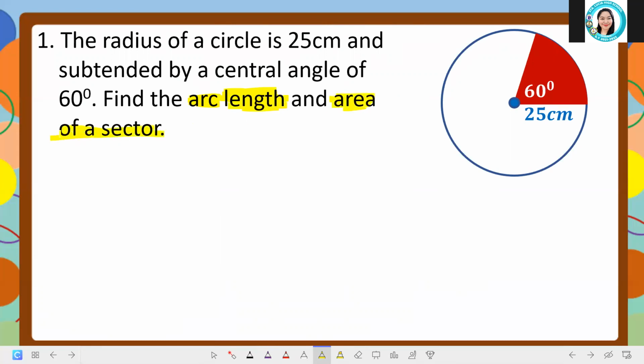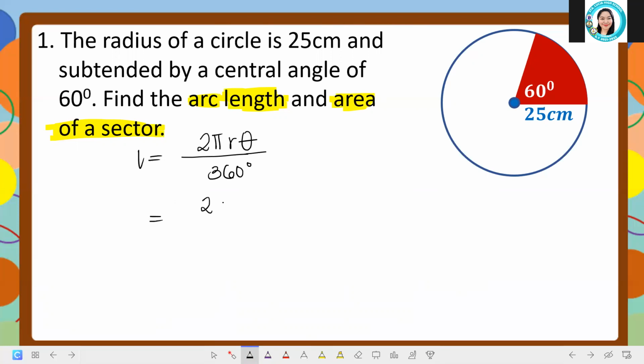So let us try to look for the arc length first. Okay, so ano ba yung formula natin for arc length? Our formula for arc length is L equal to 2 pi r theta divided by 360 degrees.